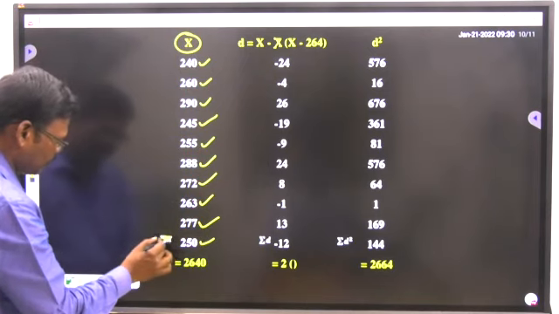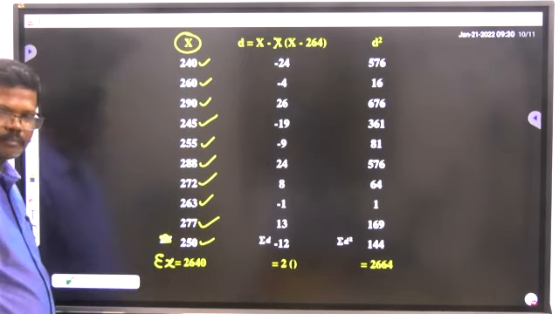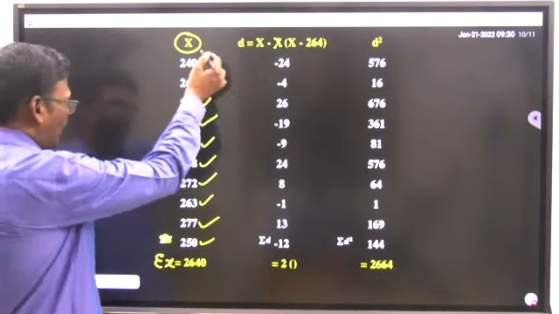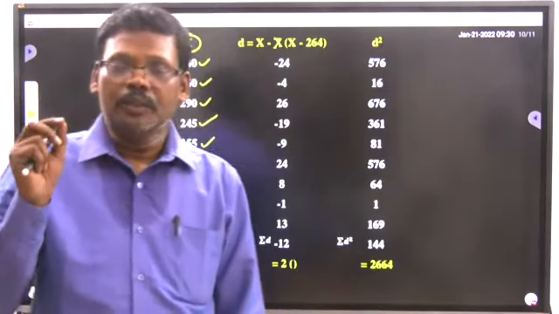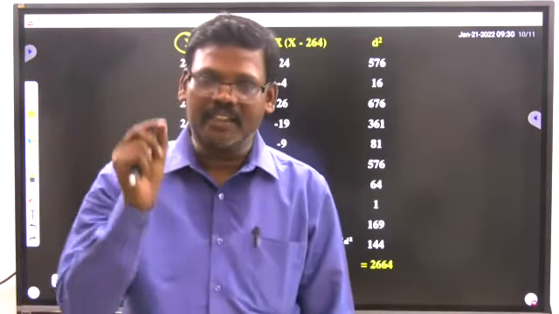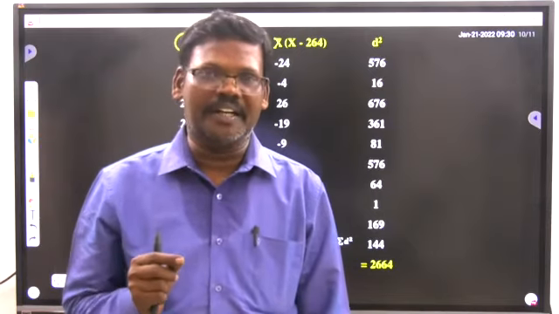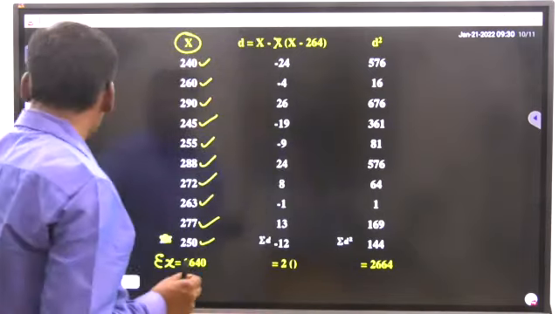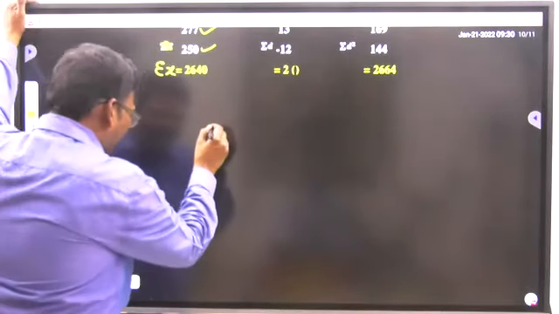This is called sigma x. Why do we have to estimate sigma x? Because to estimate the standard deviation, first we have to calculate the deviation.